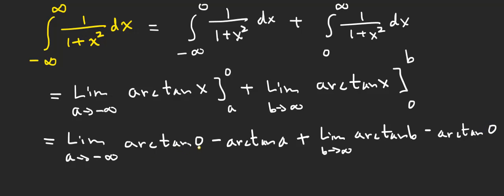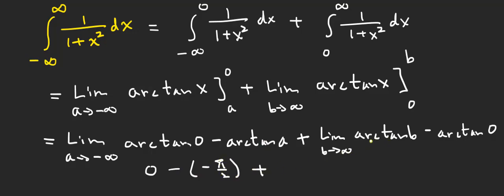You know the arc tangent of 0 is 0 because tangent of 0 equals 0. So this is 0. And what about that one? What happens to arc tangent as a goes to negative infinity? As we talked about earlier, it approaches negative pi over 2.